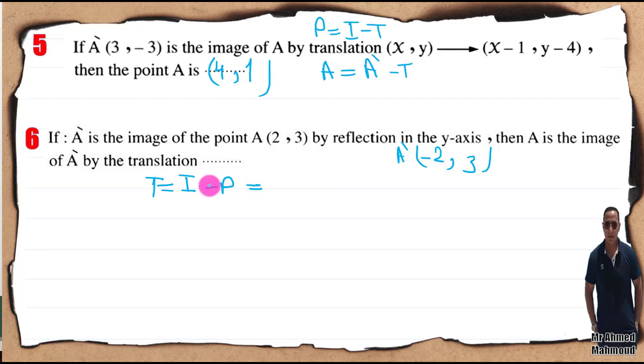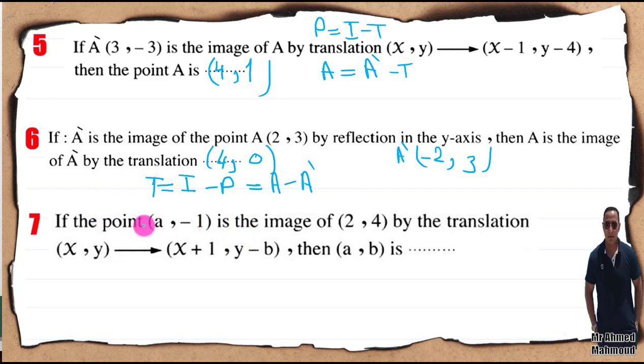Here he said A is the image of A dash, so it is A minus A dash. 2 minus negative 2 equals 4, and 3 minus 3 equals 0. So the translation that maps A dash to A is 4 and 0.